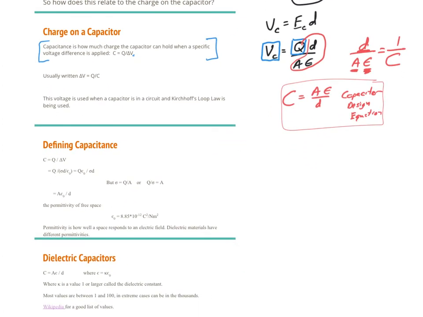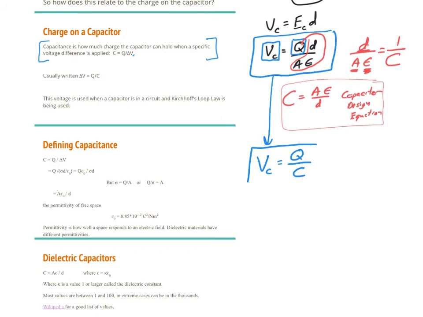Looking at this equation that I've now mixed up a few ways, this turns into voltage across a capacitor is equal to the charge on the capacitor divided by the capacitance. Boom. Just as I wrote there.